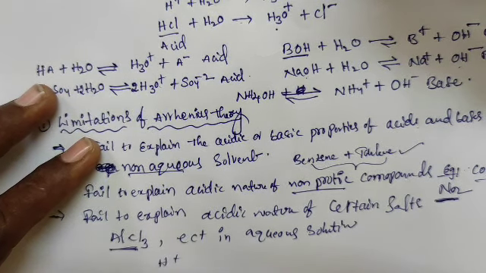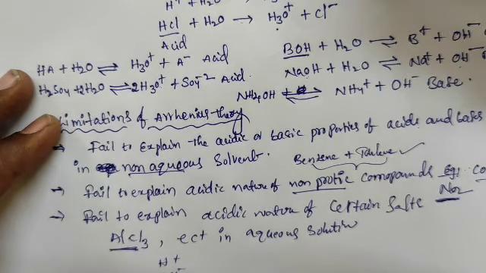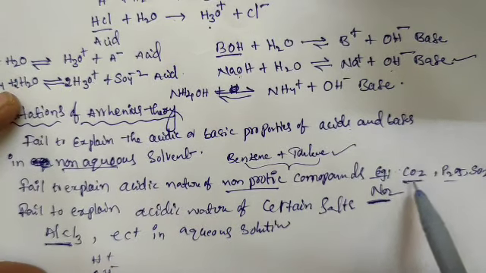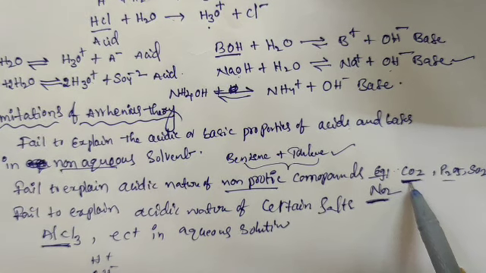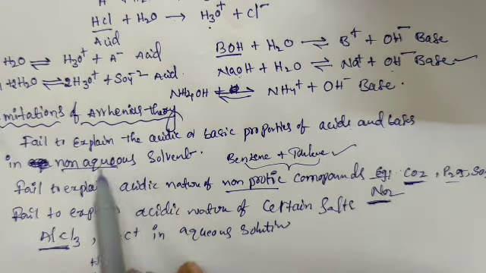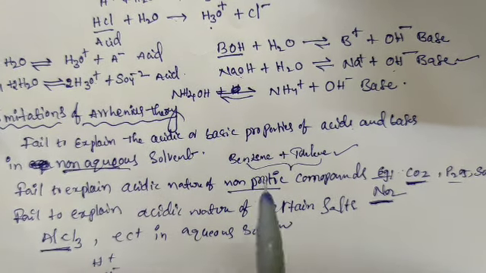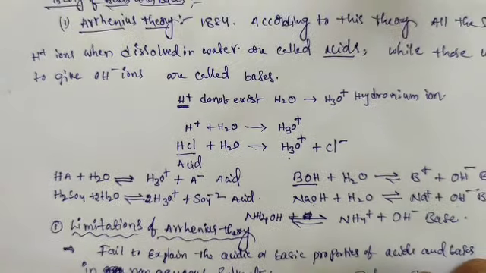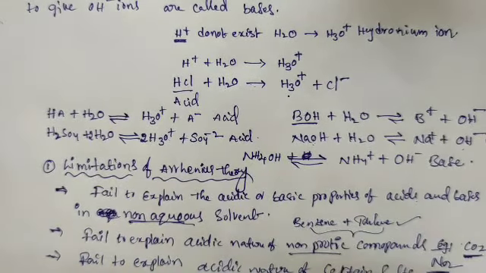Because there is no H plus ion in this salt, there is no OH minus ion. This is about the acidic nature of some salts, basic nature also he didn't explain. Some compounds have no hydrogen, such as oxides, non-metallic oxides, whose nature he didn't explain. Some compounds are not dissolved in water, and for them acidic nature he also didn't explain. So these are the limitations or drawbacks of Arrhenius theory. Thank you.